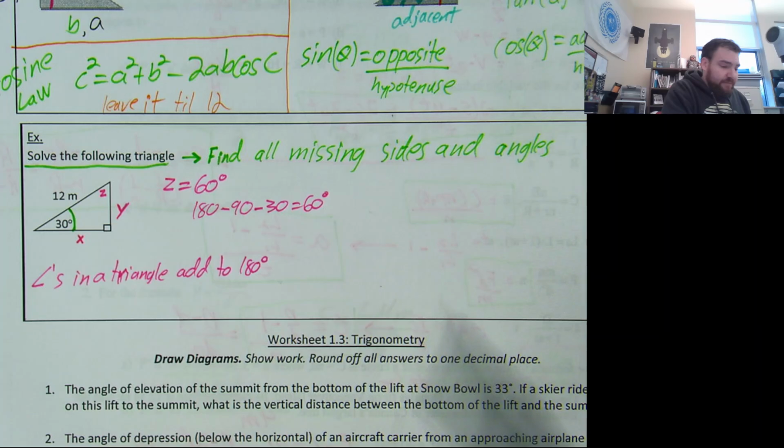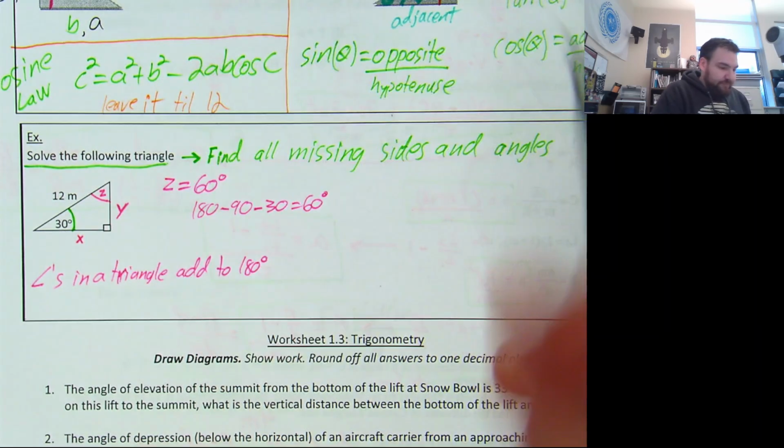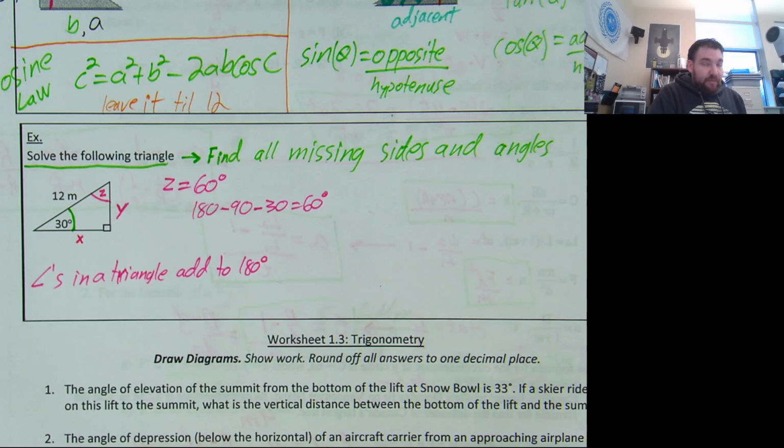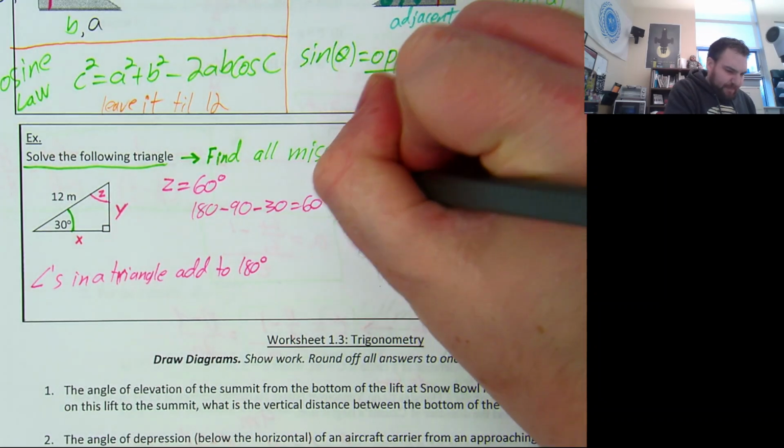So Z is easy to do. Let's go to x or y. It doesn't matter. Pick one, someone. Which one do we want to solve for next? X. Sure, Kai wants to do x.